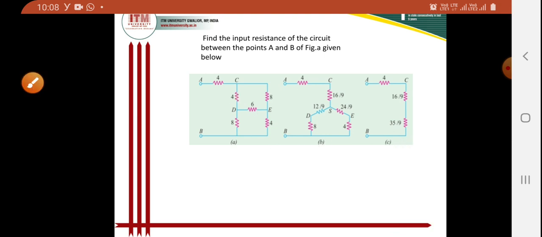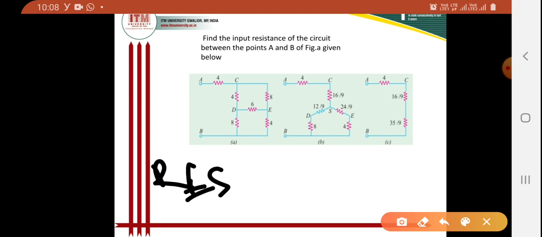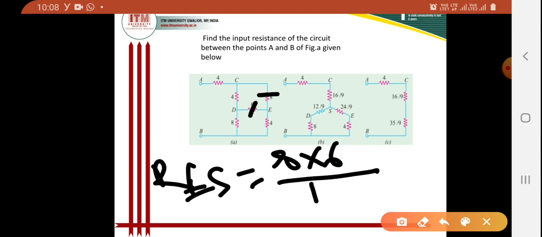Similarly, when I am calculating RES, it will be 8 into 6 divided by 18. So what will be the value? That will be 24 by 9 ohm.